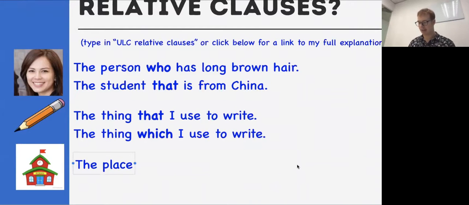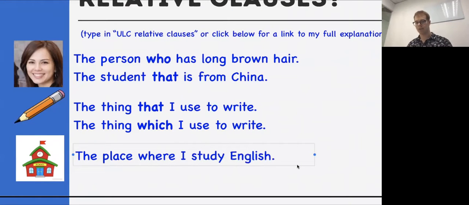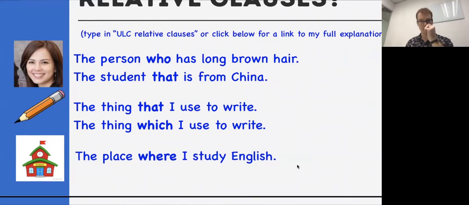And then last we have the place. We have the place where I study English. Some of you, maybe you study at ULC. We study at our school. So we can use the where to tell us which place. So that's the easy one for our pre-intermediate and elementary students. We have person, which person?